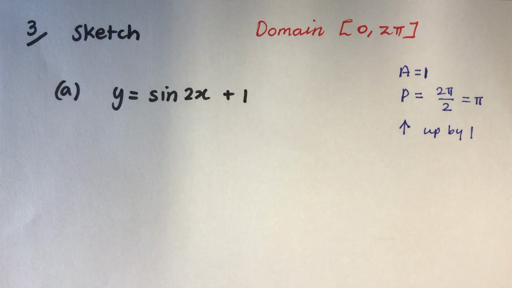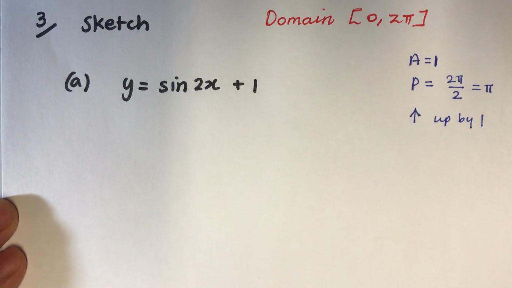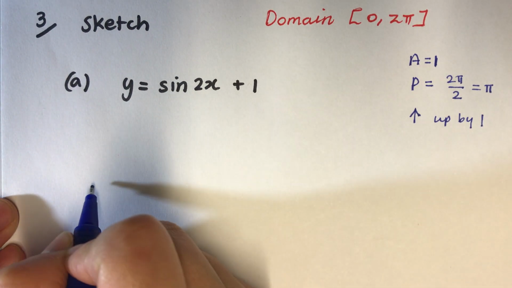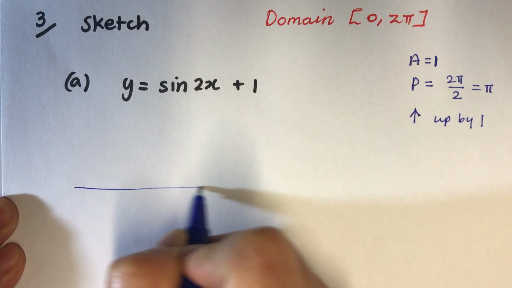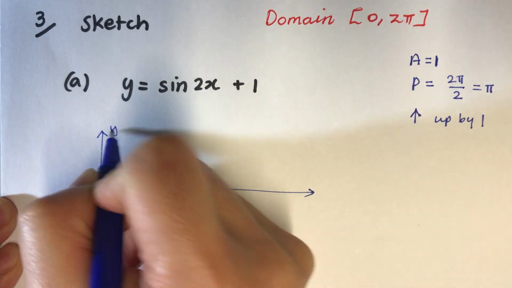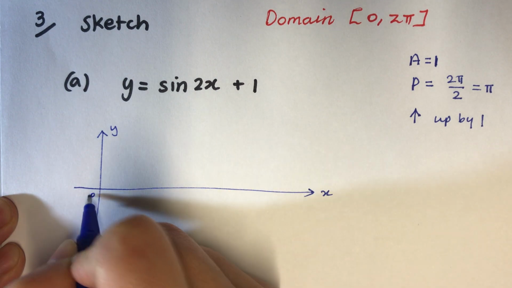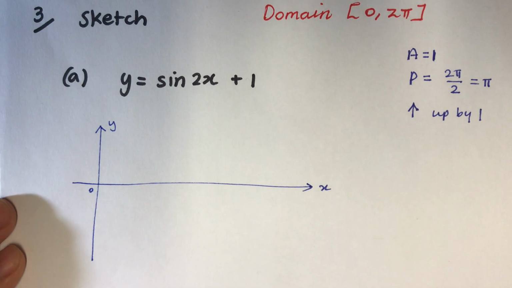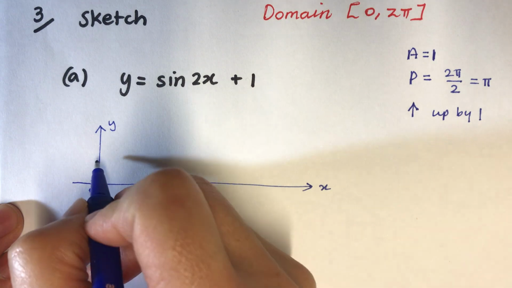So what I'm going to do is sketch y equals sine 2x first. You might want to use a pencil or something like that. I'm going to do it roughly, but please use a ruler and pencil and all that equipment.